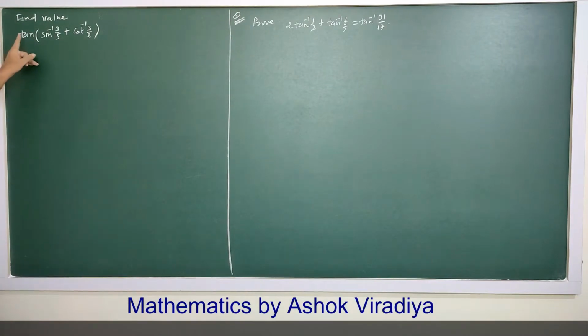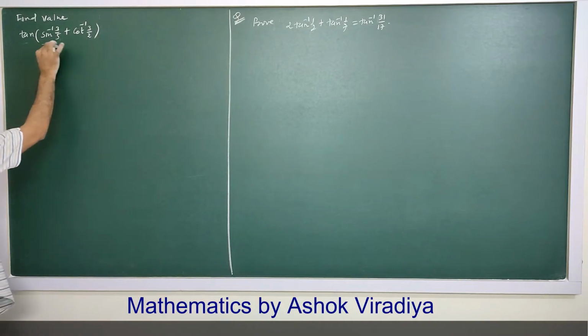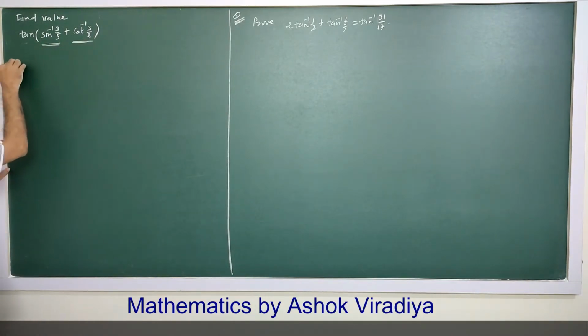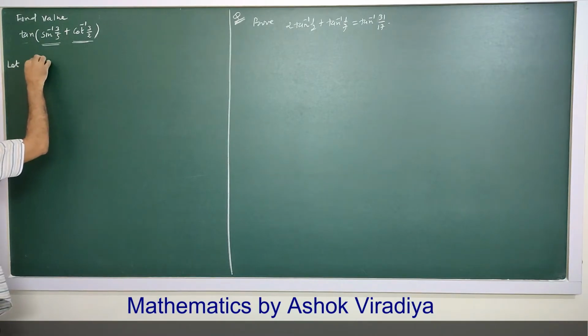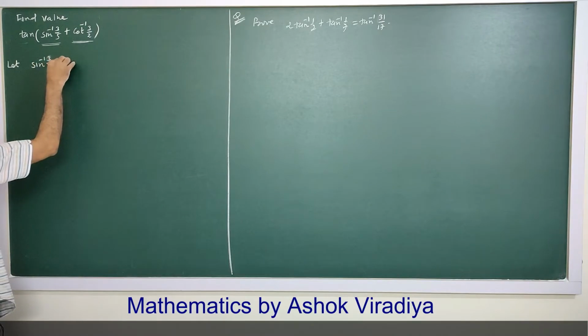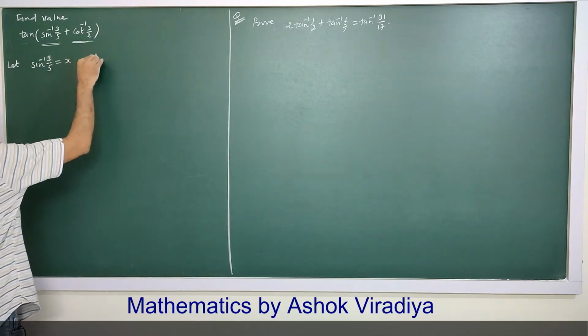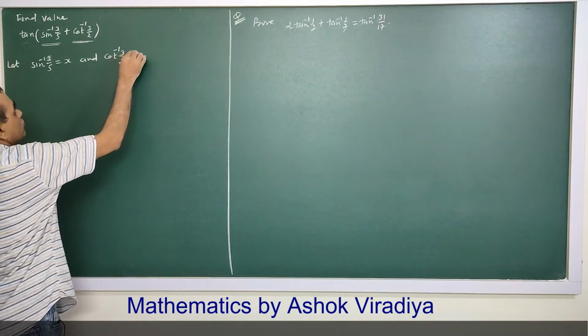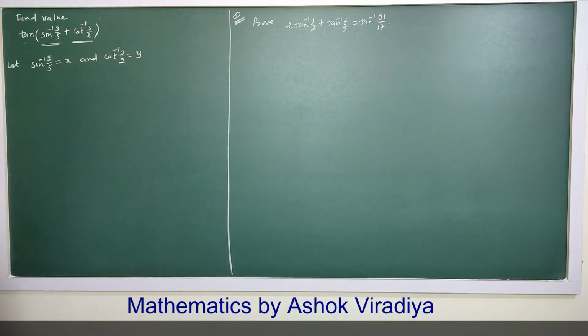To find the value of this expression, tan of this number, we suppose this is x and this value is y. Let sine inverse 3 by 5 be x and cot inverse 3 by 2 be y.